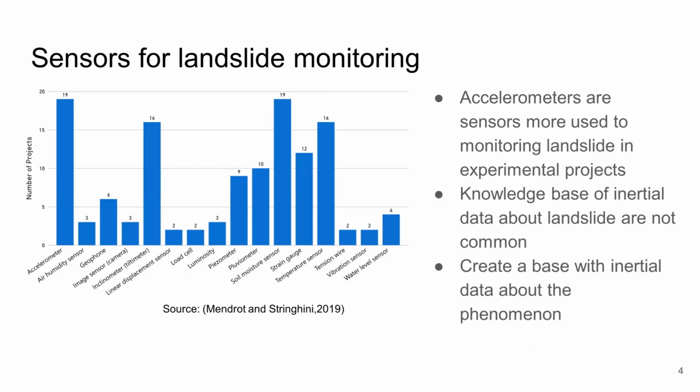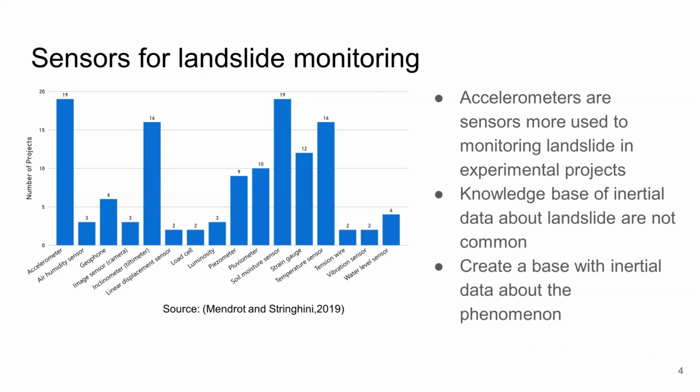About the sensors used for landslide monitoring, this is work from Denise, another member of InterSCity. The main sensors used are accelerometers, inertial sensors, inertial meters, to identify vibration, movement, and similar aspects.